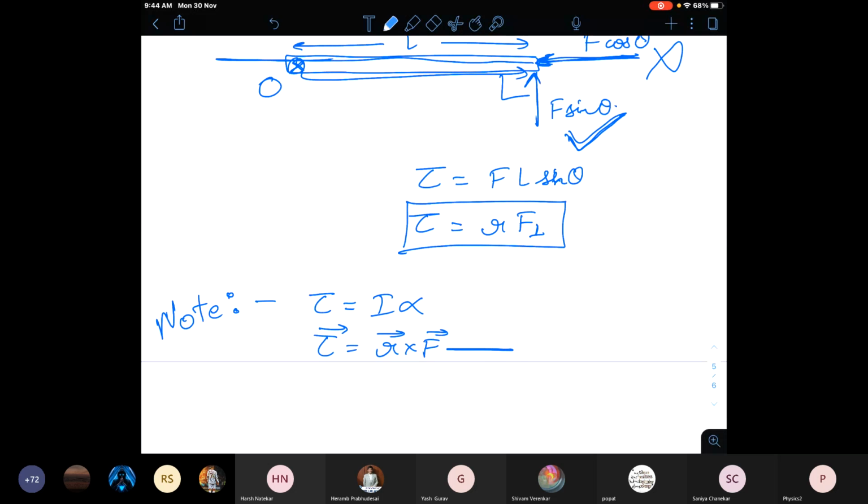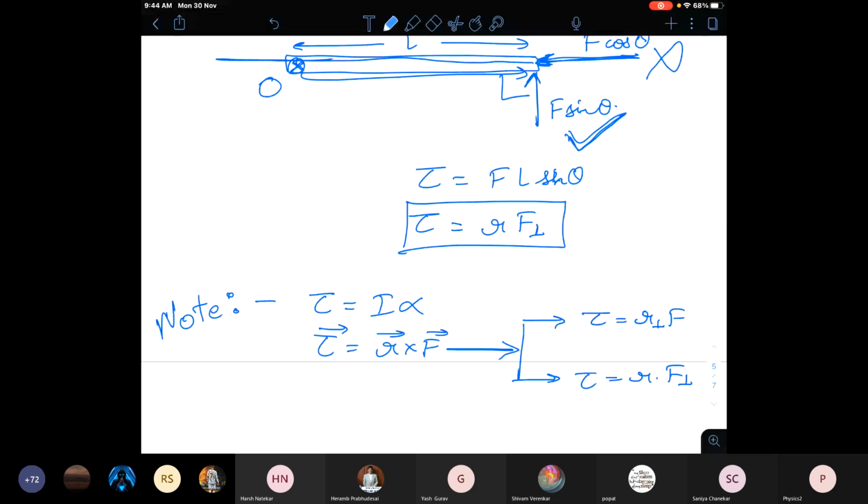This formula can be broken down into two ways, and it can be observed in two ways. One is R perpendicular into F, and the other is R into F perpendicular. Depending on the situation, whichever is easier for you, use that.